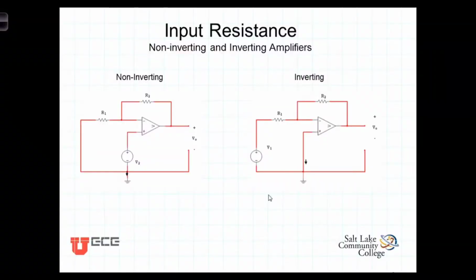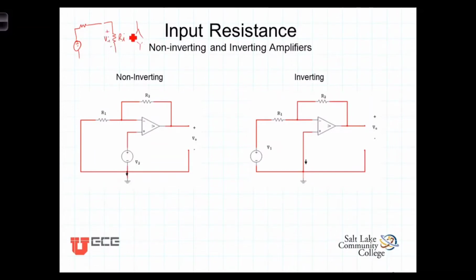Let's take a look now at the input resistance of two of our common operational amplifier configurations, the non-inverting and the inverting. You'll recall from our discussion of generic amplifiers that we have a source with a source resistance, which we want to amplify, and that is connected to the input resistance and to the output.